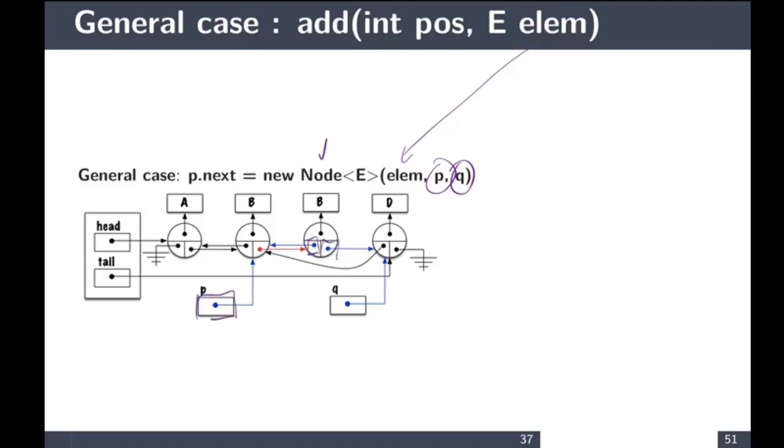The instance variable next of the new node is pointing where Q is pointing. When we return from the call to the constructor, we store this inside p.next. So we change the instance variable next of the node designated by P, so it's pointing at the new node.